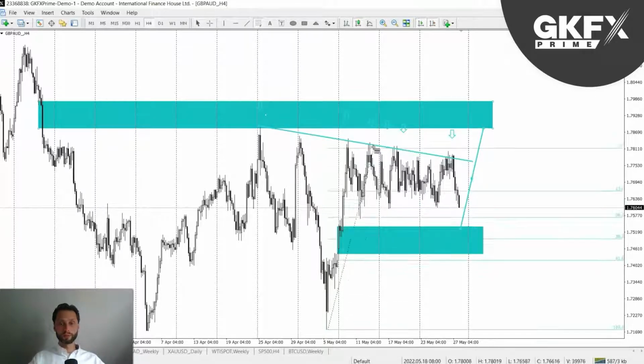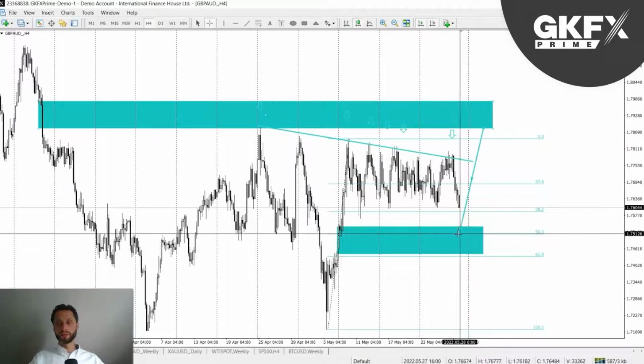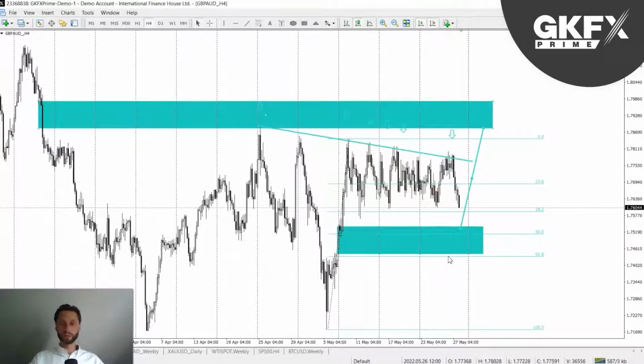And if I draw a fib here from the major high to the major swing low, then you can see it's below the 50% mark, the halfway mark, and into the 61.8 will be great to look at. Much better probability from there. And yeah, the target would be a break of this trend line and this point right here. If you can see this high that's poking here.